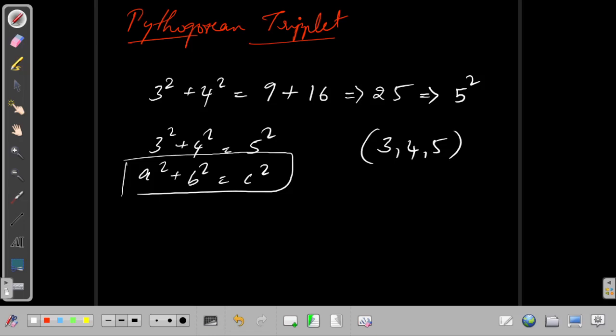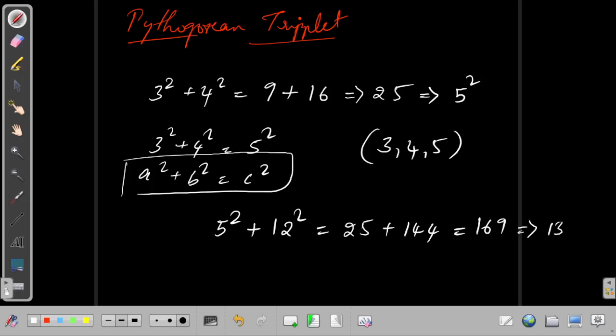See now, suppose I am taking 5 square plus 12 square. What is 5 square? 25. Then what is 12 square? 144. What is the sum here? 169, right? Yes, 169. So can I write 169 as 13 square?